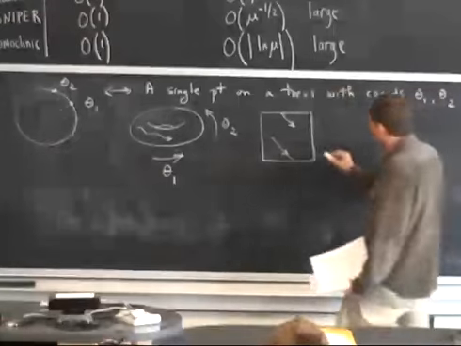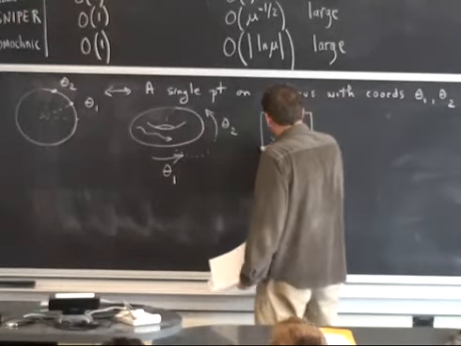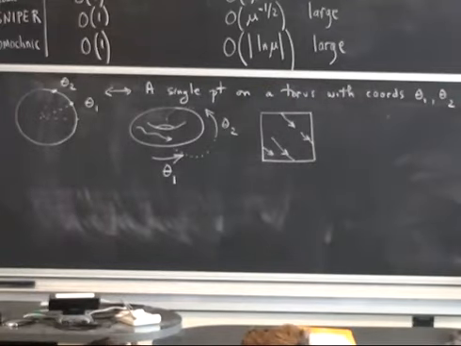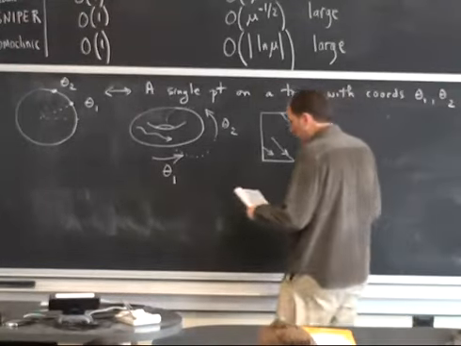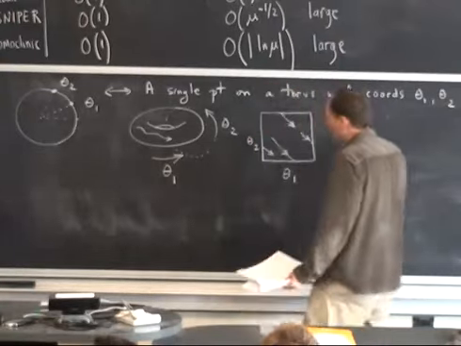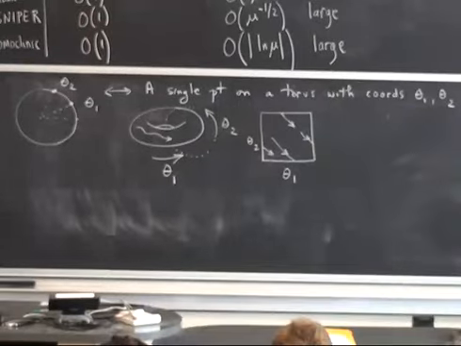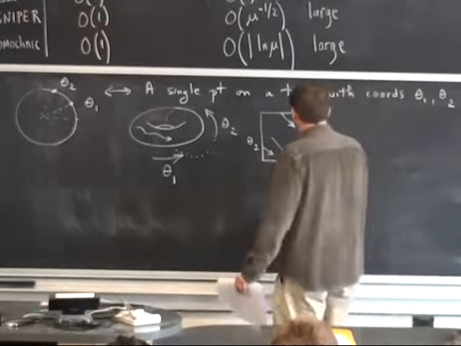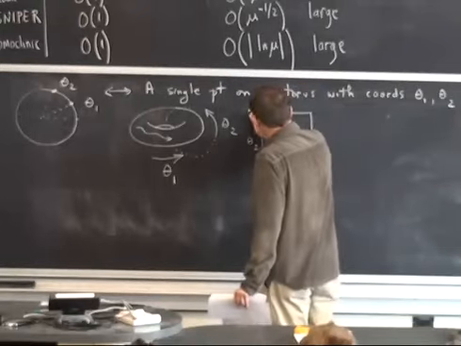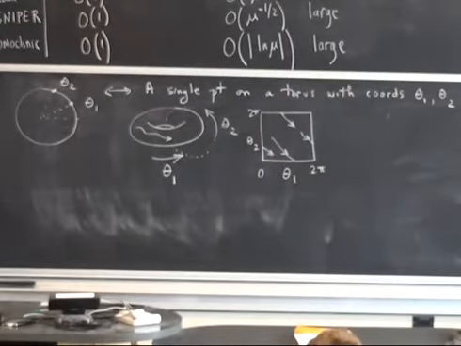And then you can also go off the edge of the Earth this way, and you'll reappear amazingly over here. So that picture of a square with periodic boundary conditions also works. That's probably the easiest way to draw the torus. Just draw it as a square, but make 0 and 2 pi be equivalent, so that after you go over 2 pi, you pop back at 0. So we'll use that picture frequently.